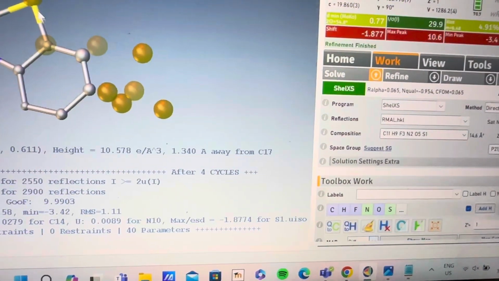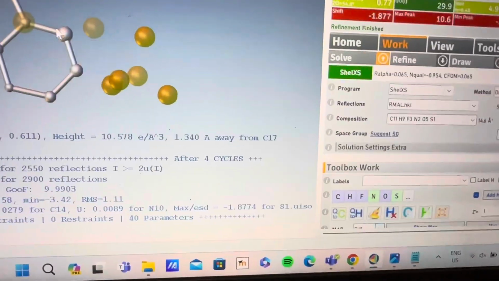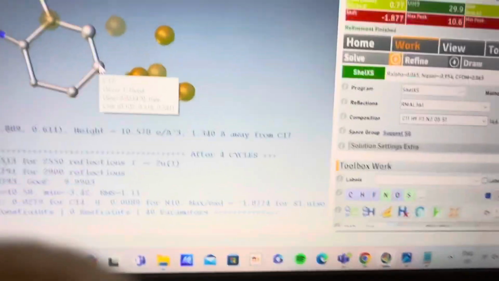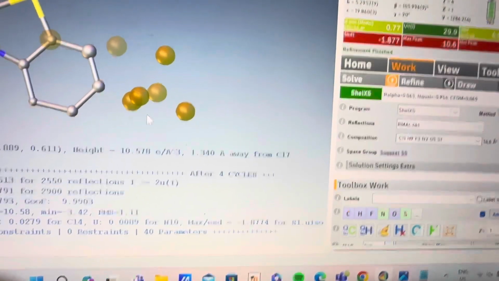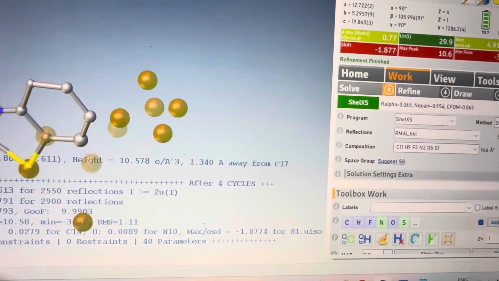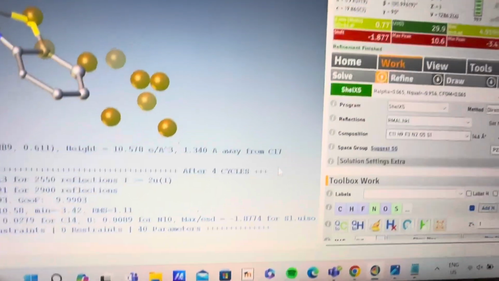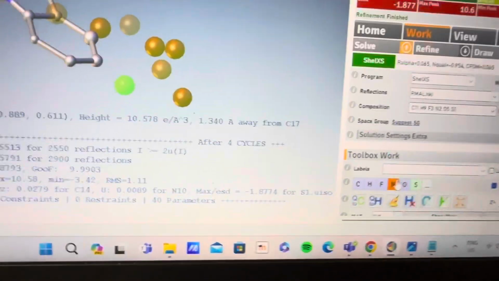Sulfur is attached to this one over here. This should be the carbon in between, and the OCF3 group should be attached to this carbon. Now we can rotate and see that this one is the closest to this particular carbon, and if you click on this, I'll see that it's O.